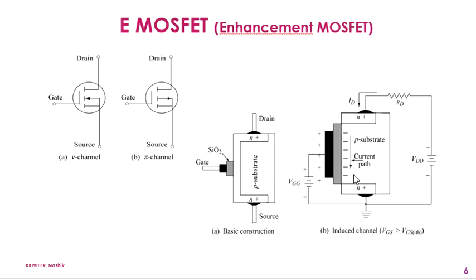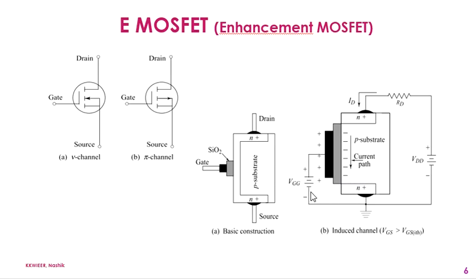Due to this inversion layer only, the current can flow through the device. If this channel is absent, there will be a depletion region in between, which will block the flow of current through the device. The drain terminal is connected to the positive terminal of this VDD, and the source is connected to the negative terminal. So current will flow from drain to source in this direction, downward. The conductivity of this channel is enhanced by increasing the gate to source voltage, thus pulling more electrons into the channel.